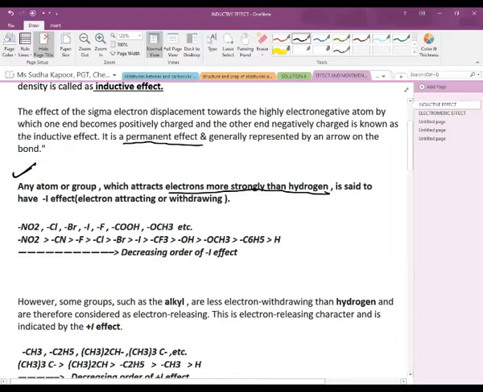If in a chain some atom or group is present which pulls the electron density towards itself, then this is considered the minus I effect. Such groups can be NO2, Cl, Br, I, F, COOH, OCH3, that is methoxy. Groups which attract electrons more strongly than hydrogen give rise to the minus I effect. These are electron attracting or electron withdrawing groups.